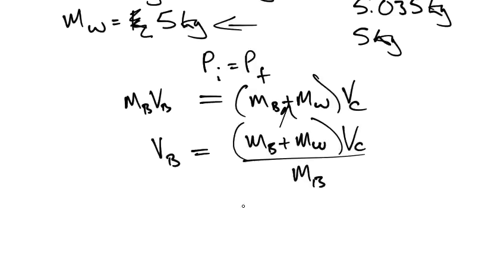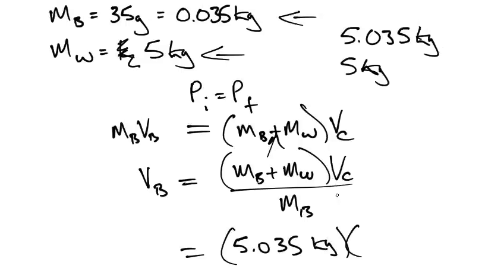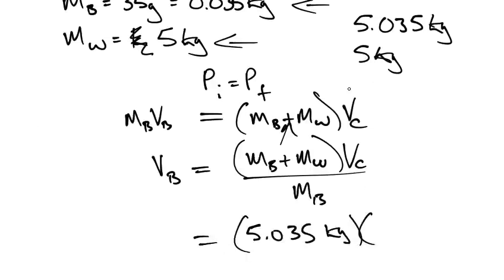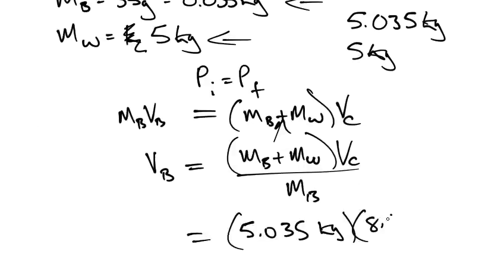Now, if we stick in the values, we're going to get 5.035 kilos multiplied by the final velocity of 8.6 for VC, divided by the mass of the bullet, once again. And let's see if we can figure out what this is.